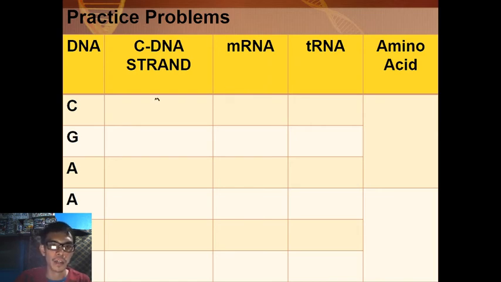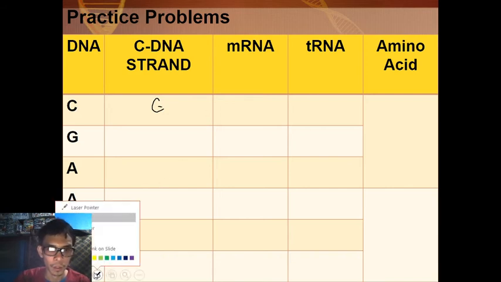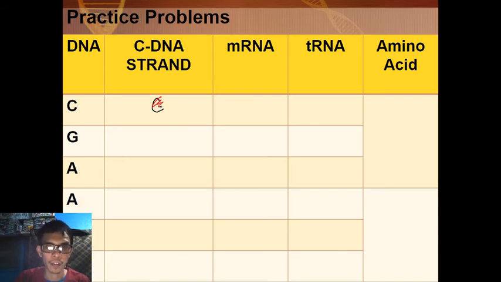So we have G. We'll use a different colored pen. Alright, so we have G, we have C, we have T, we have T, we have A, and we have C. So that is the cDNA strand.